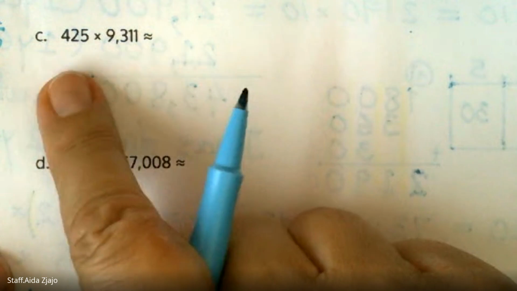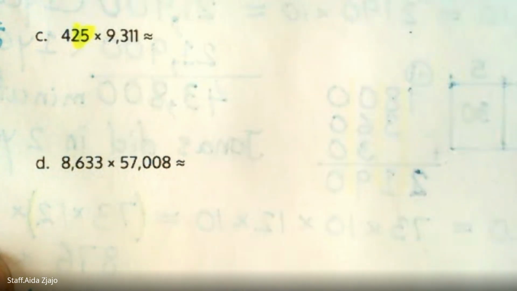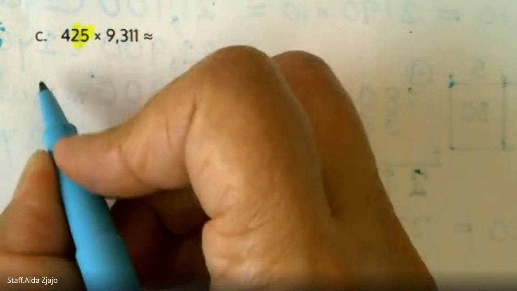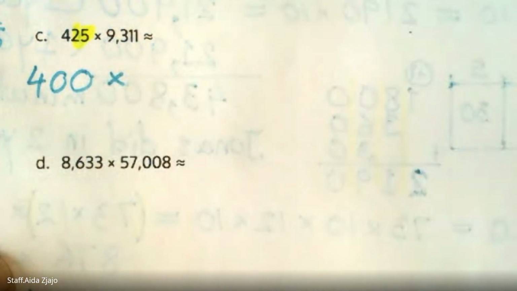So we can see, oh, here's what I do. Usually I don't highlight the hundreds. I only highlight how much more I have out of the next 100. I have only 25 out of 100, so I cannot pretend that I have a new 100. So I have 400 times.